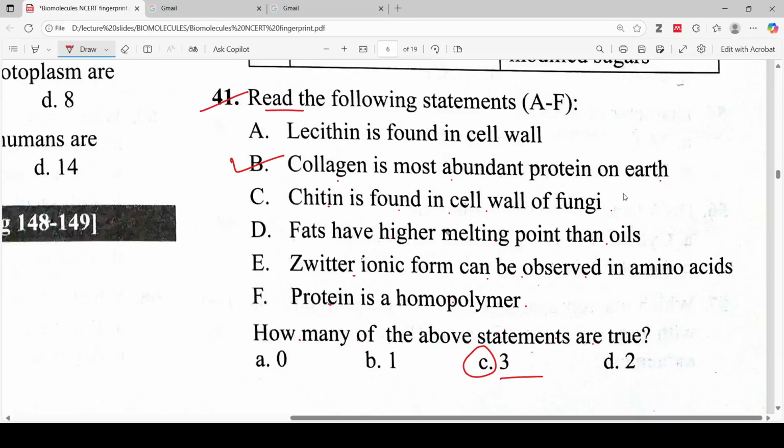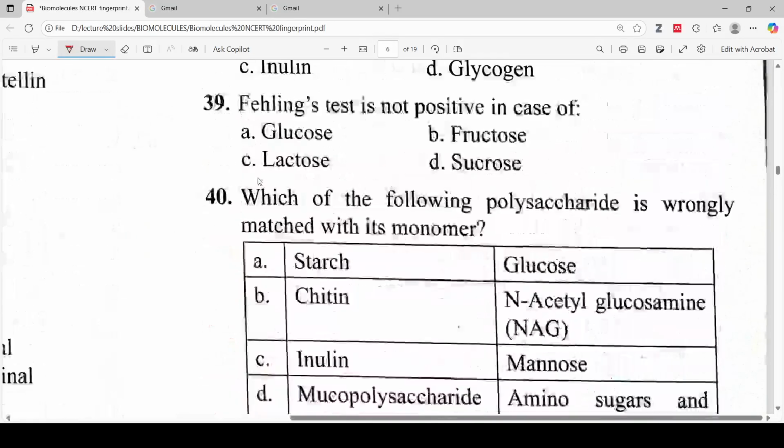Collagen is the most abundant protein on earth. Chitin is found in the cell wall of fungi, and fats have a higher melting point than oils. So these are the three options which are correct. Next question.